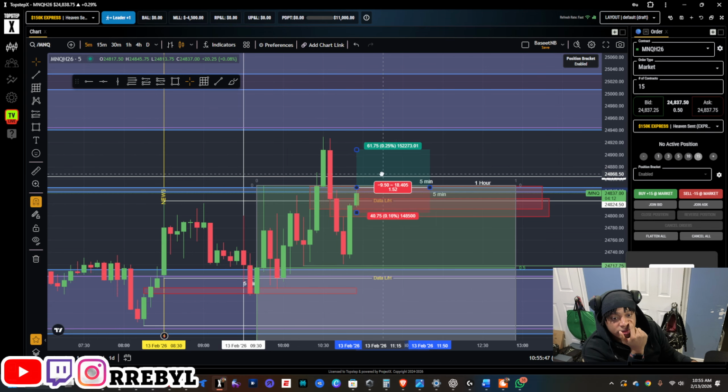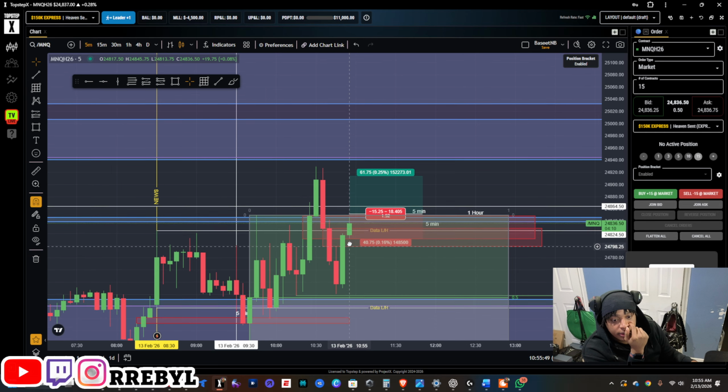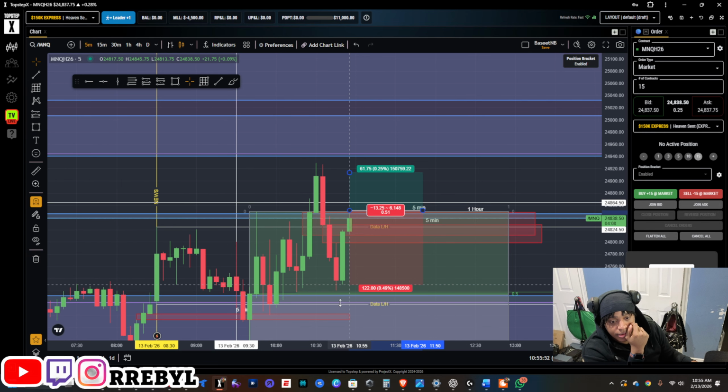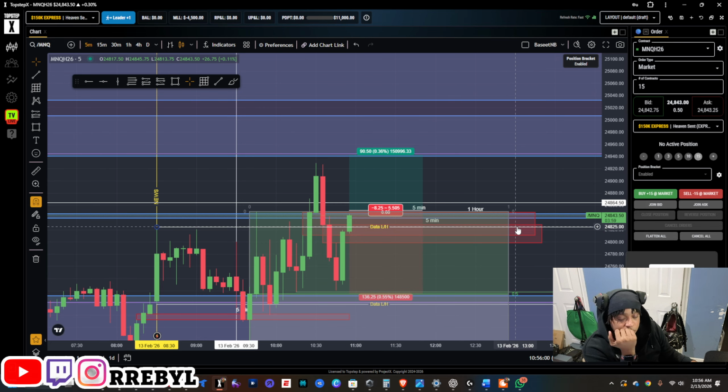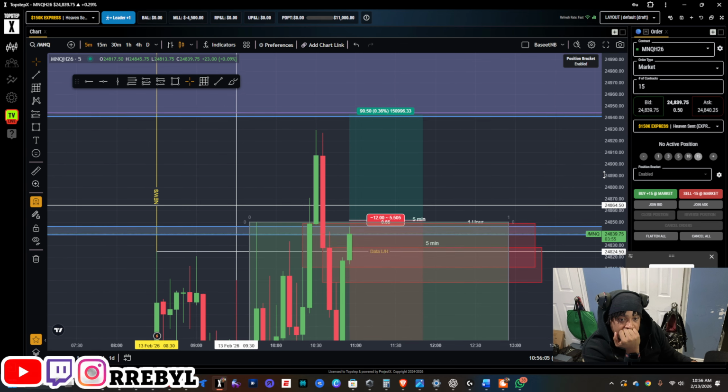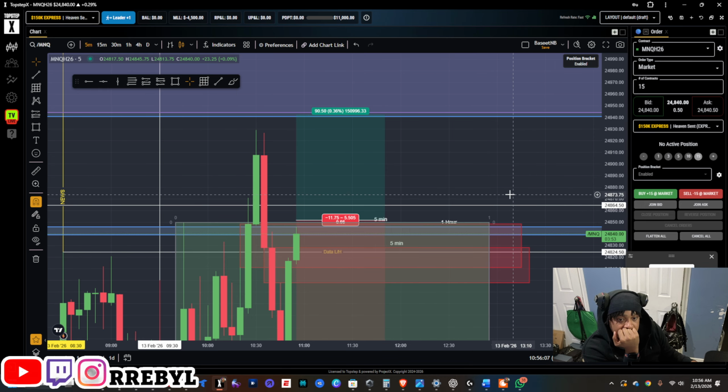Let me see how it looks. To be fair, it didn't break structure to the downside. Meaning that if it inverses this and then retests it and closes above that 1 hour fair value gap, that would be gas. I would take that.